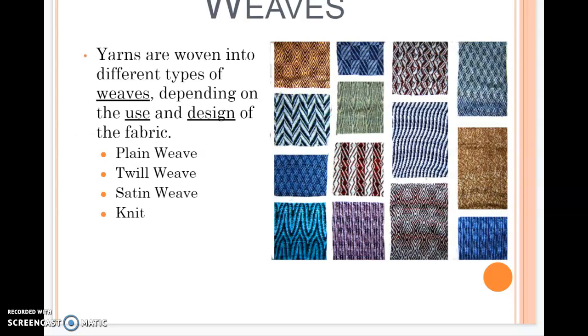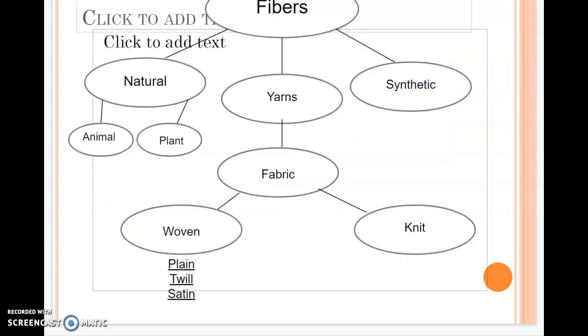And now we're going to talk about weaves. So yarns are woven into different types of weaves depending on the use and the design of the fabric. And there are 4 that we're going to discuss: plain, twill, satin, and knit. So you can see here, yarns are woven into fabrics, and then fabrics are either woven or knit, and then all of the different woven, which is plain, twill, and satin.